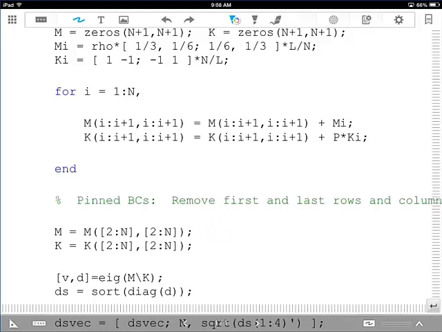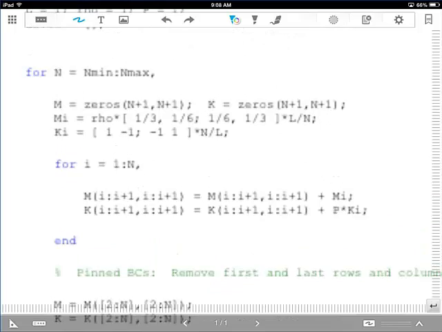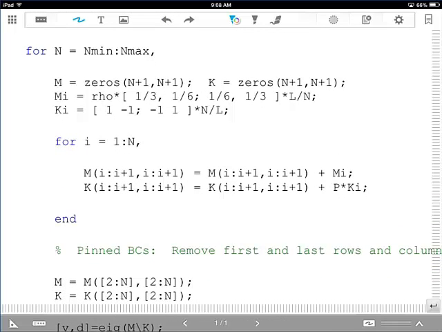So as I mentioned, the assembly is very simple. You're basically, if you look at the big M matrix here, you're just going down the kind of diagonal and putting in these, in the case of the M matrix, putting in these little M_i matrices.